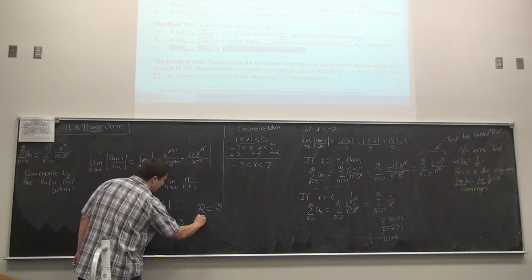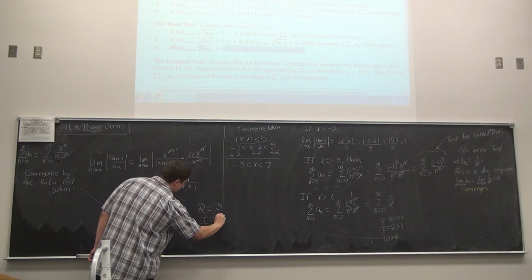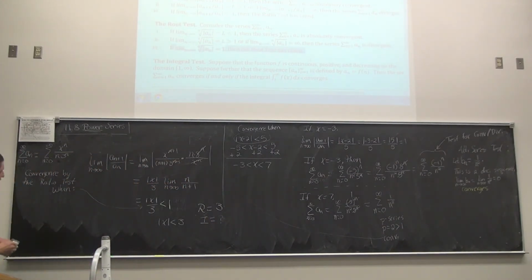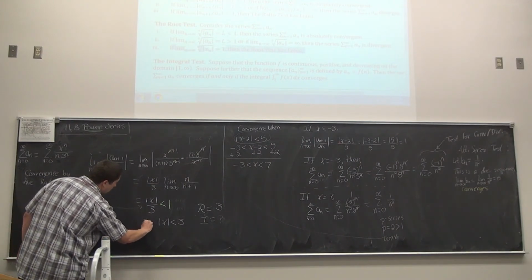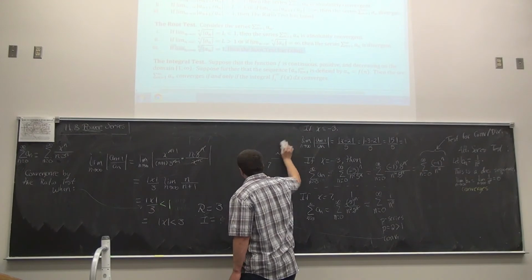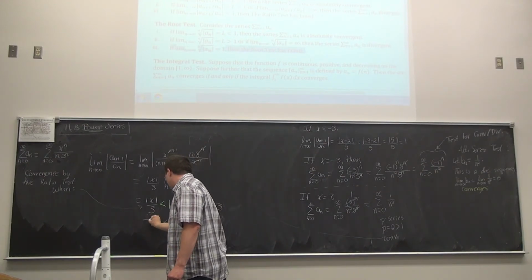So by this limit, radius is 3, and we'll figure this out as we go. Let's copy that absolute value of x is less than 3. Well, that should be more of an implies, not an equals.